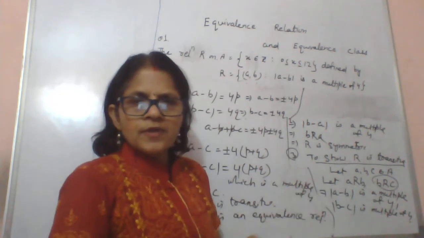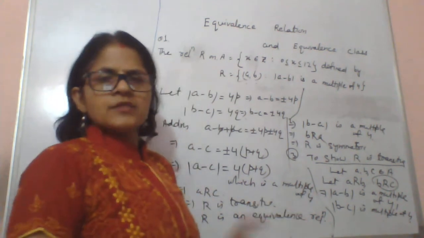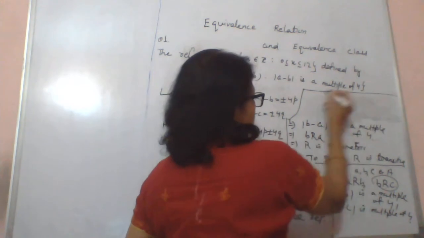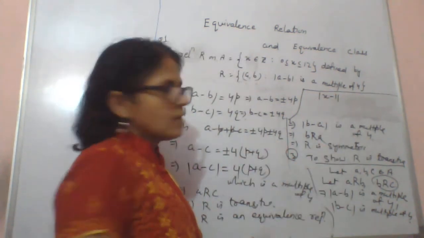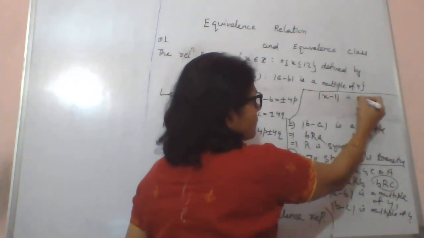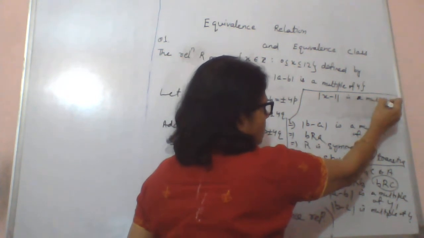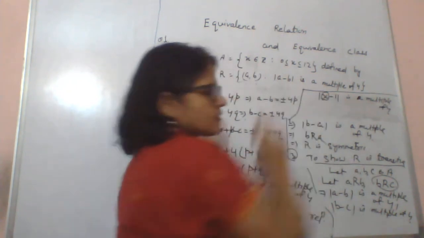So you have to see mod x minus 1, for example. Suppose you see the second part of the question, all the elements related to 1. If I write here mod x minus 1 is a multiple of 4. Now what should be the value of x?